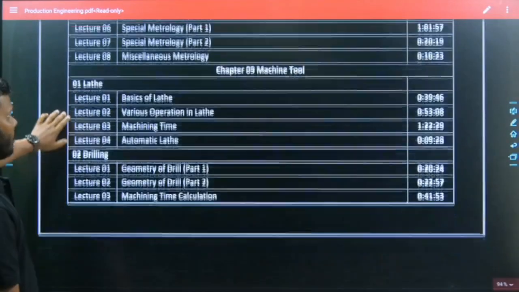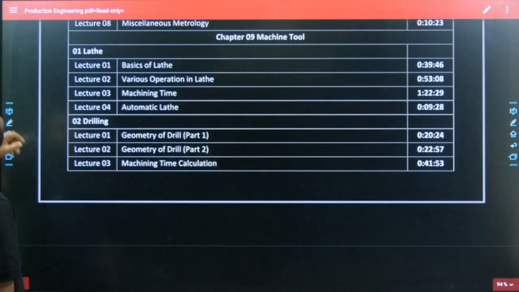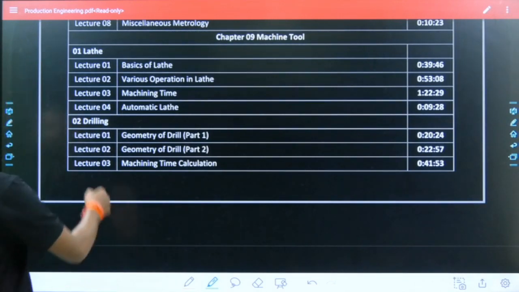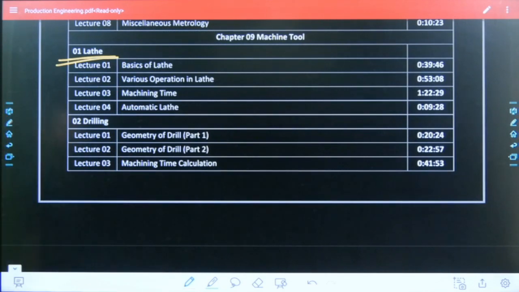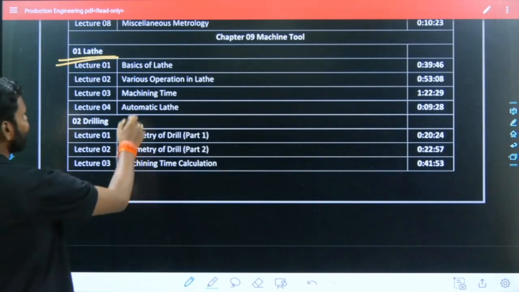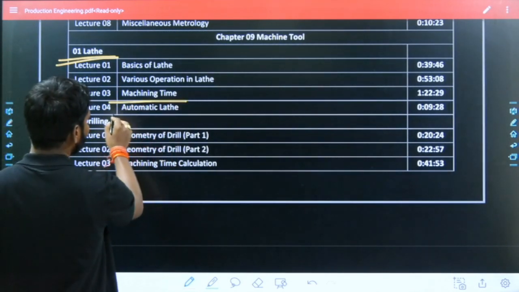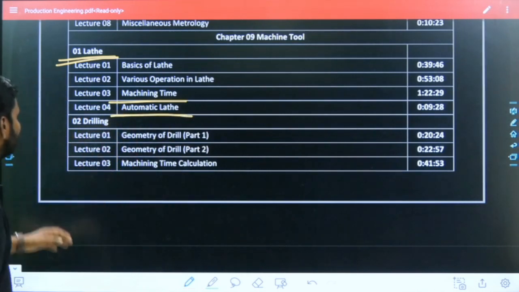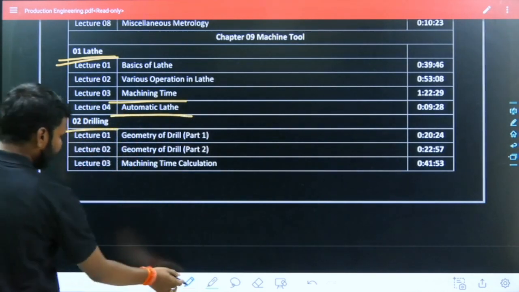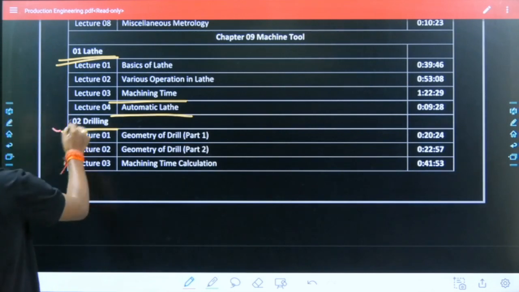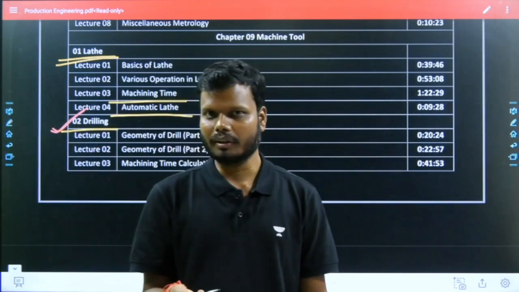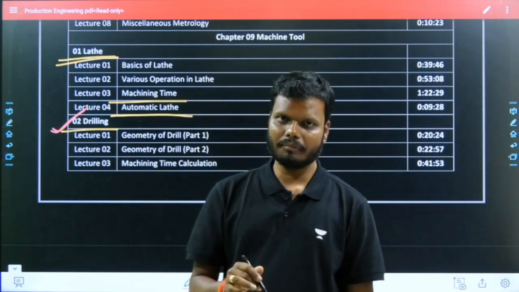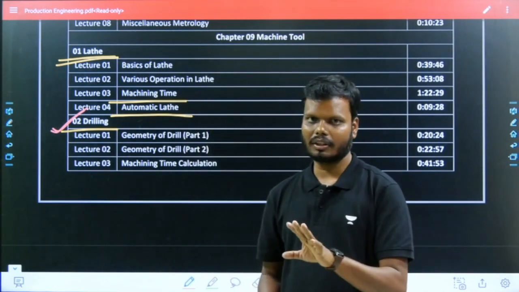Next, chapter number 9, machine tool. In machine tool, the first one is the lathe machine. In lecture 1 of the lathe machine tool, there are basics of lathe, various operations in lathe, machining time, and automatic lathe. The next machine tool is drilling. Every year, one question is asked on either drilling, shaper or grinding.